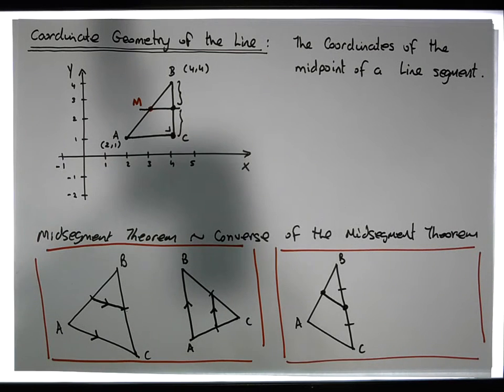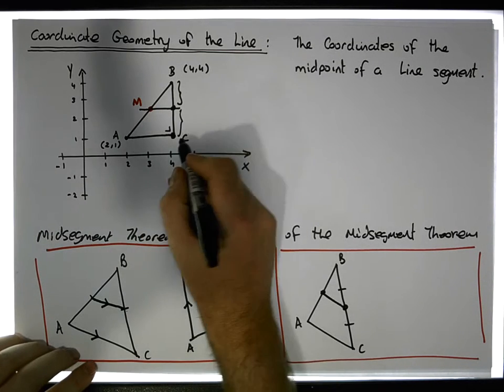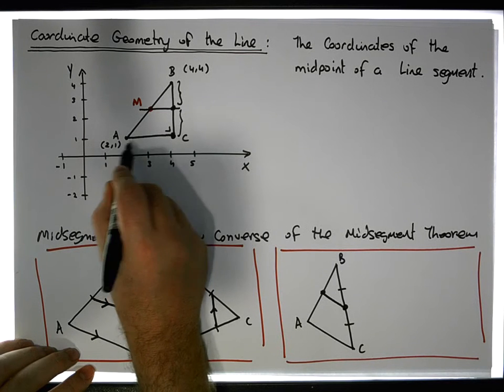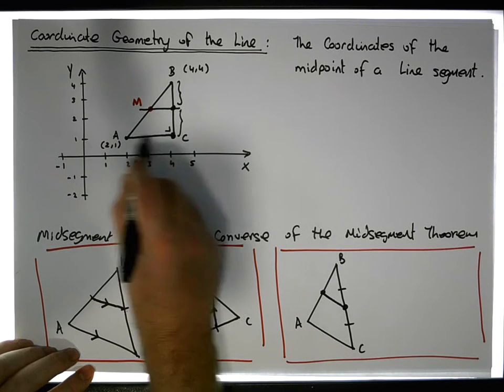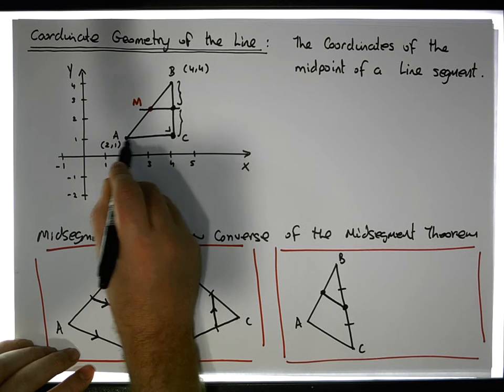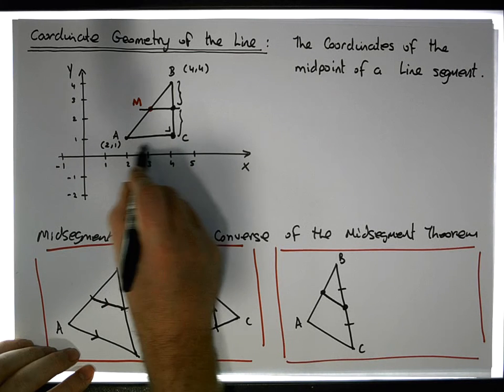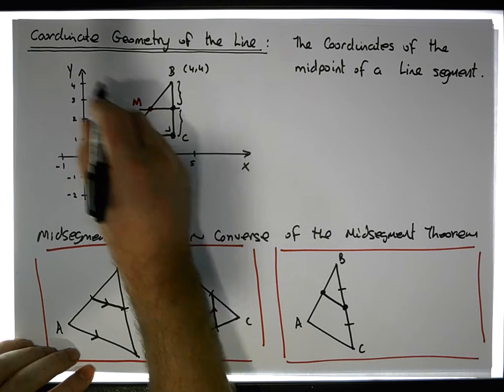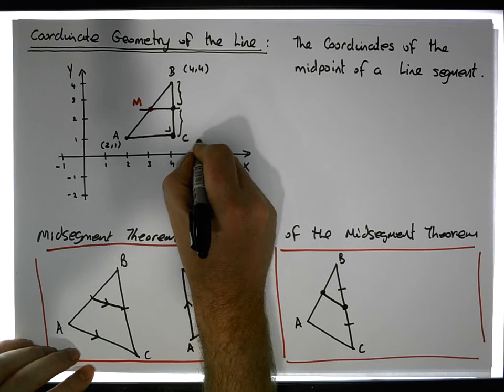Now hang on. We know the coordinates of C. It's on the horizontal line that goes through 2, 1, and it intersects this vertical line that goes through B, parallel to the y-axis. So the coordinates of C are 4, 1.